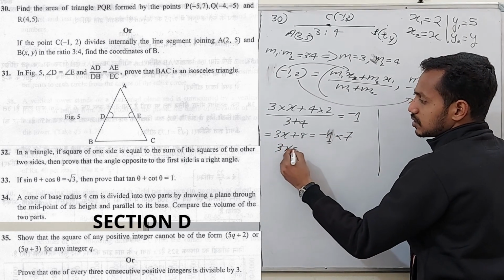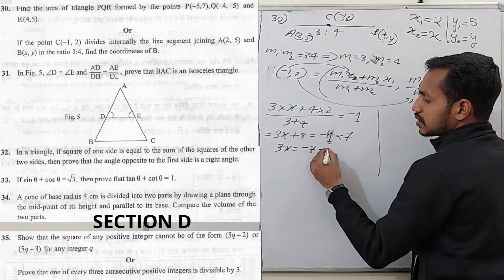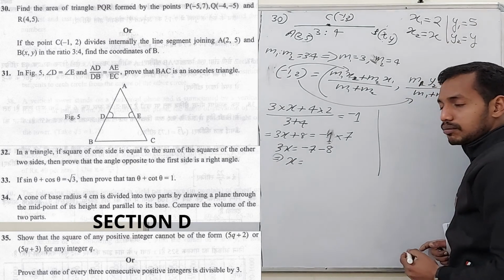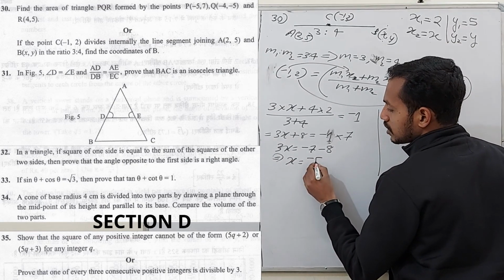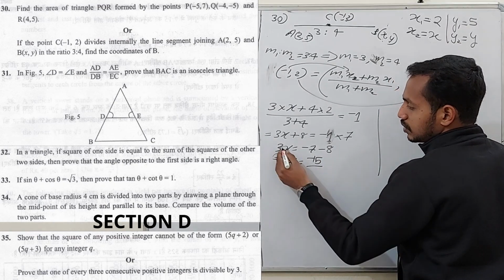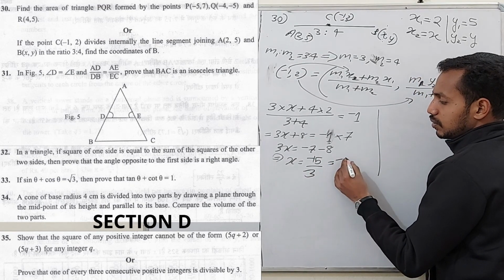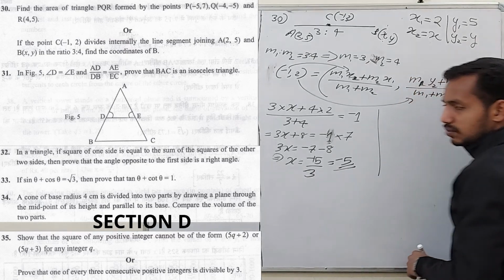That is 3x is equal to minus 7 minus 8, which is minus 15. That implies x is equal to minus 15 divided by 3, which is minus 5. So the x coordinate is minus 5.